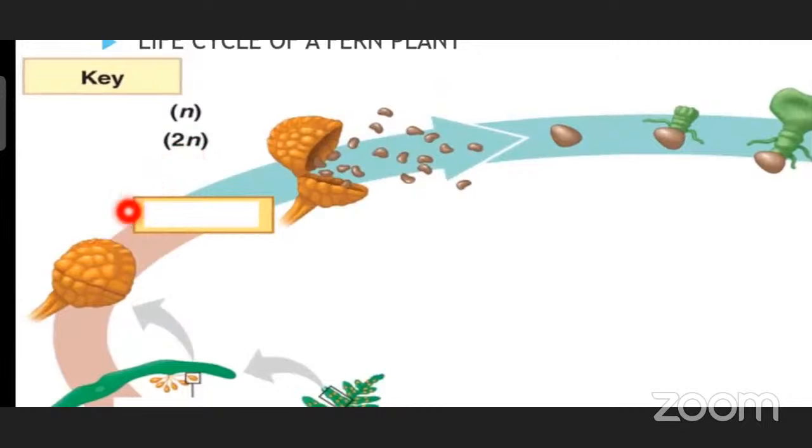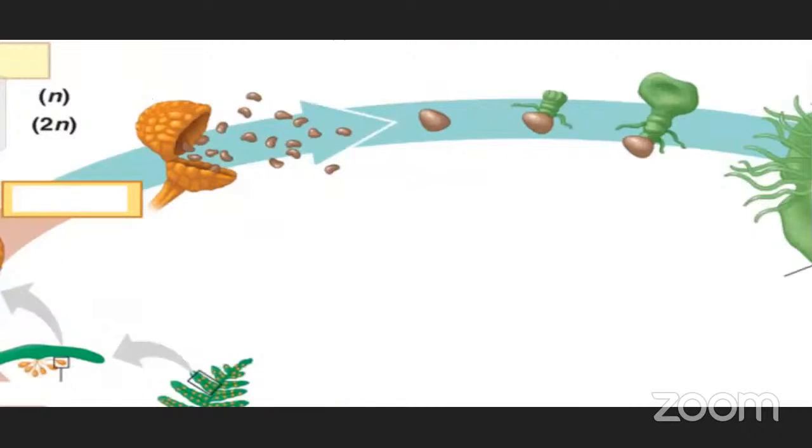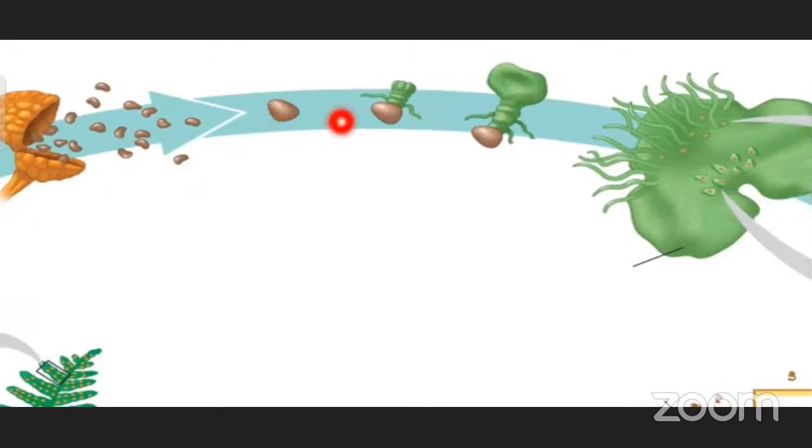So the 2n condition of the sporophyte is giving the n condition of haploid spores, and these haploid spores are released from the sporangium, and when they fall on the ground, they are going to germinate.